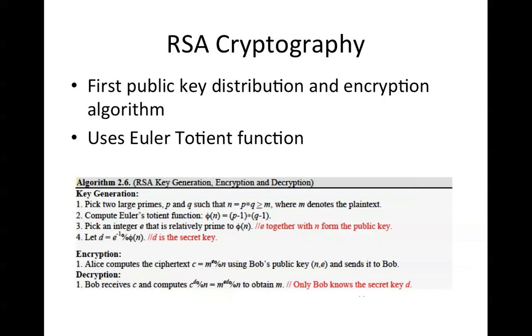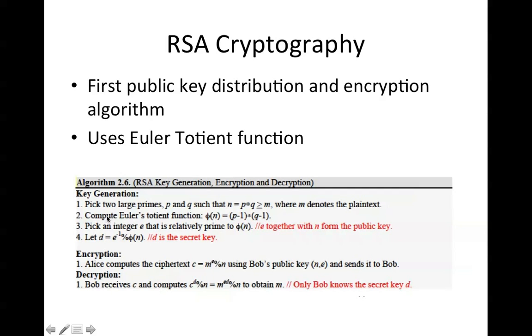This is a known process, and this is what they have to carry out. If someone puts their RSA keys out there for people to use, they could be used to send messages. You just have to take your plain text and use the algorithm described here to encrypt and decrypt.